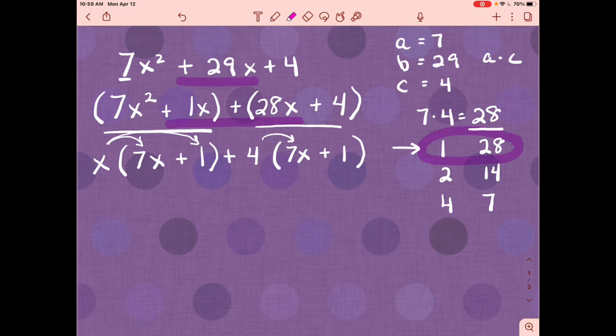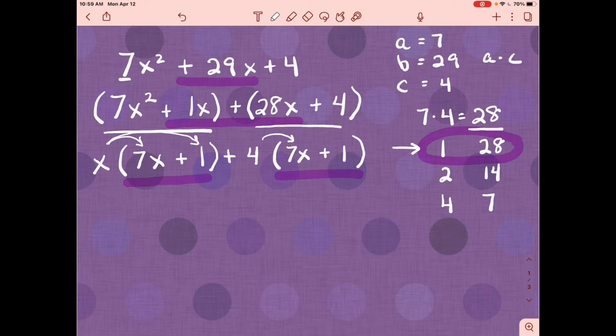Now, you can see that something very interesting happened. I have 7x plus 1, and I have 7x plus 1. It's the same. That was actually our goal, and so as you're doing these problems, you can look for that to happen.